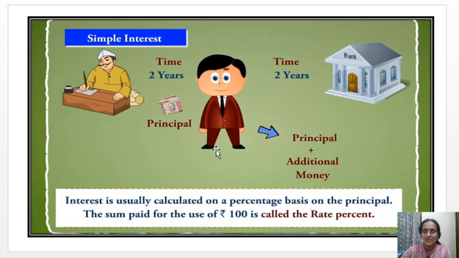On what basis we will decide the amount of the additional money, that we will see. How much amount we have to pay extra, or how much extra amount we will get from the bank, that is decided by the rate percent. Rate percentage is calculated on the original amount.